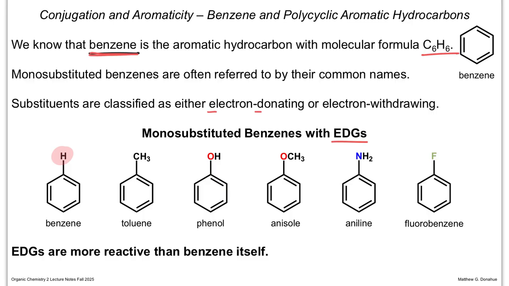The reactions we're going to learn, we're going to substitute an H for something else. So this molecule with the methyl group is called toluene. Most people will pronounce it toluene. Benzene and toluene are typically used as organic solvents.